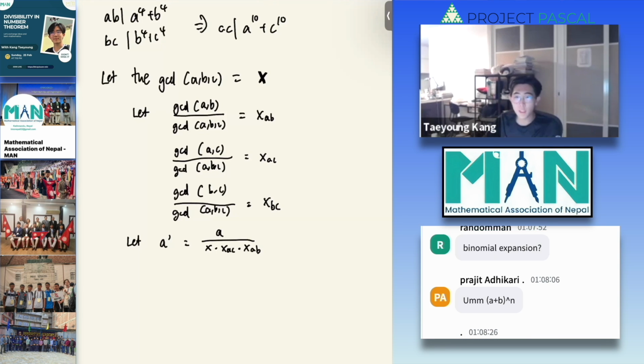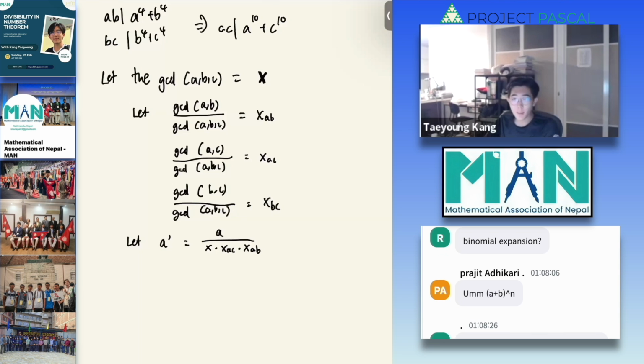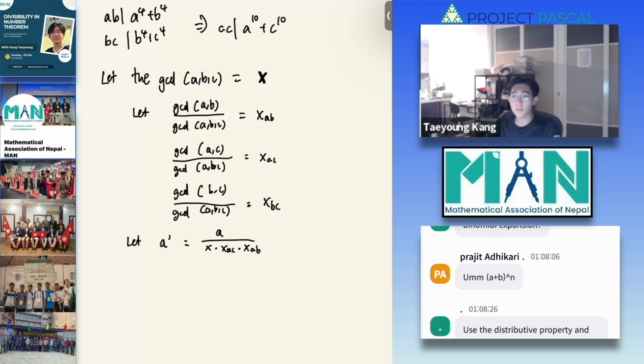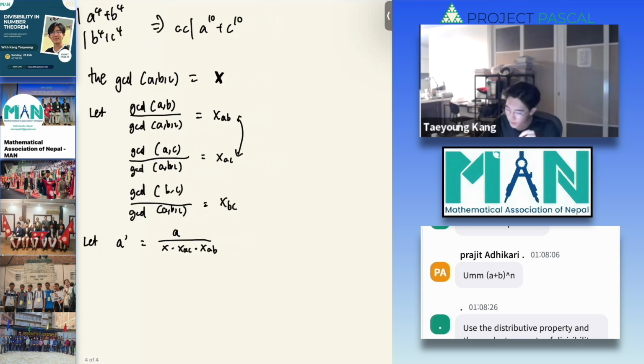So the GCD of A and B has to be some multiple of the GCD of A, B, C. And next, x_AB and x_AC are coprime. Because suppose the GCD of x_AB and x_AC is not 1.